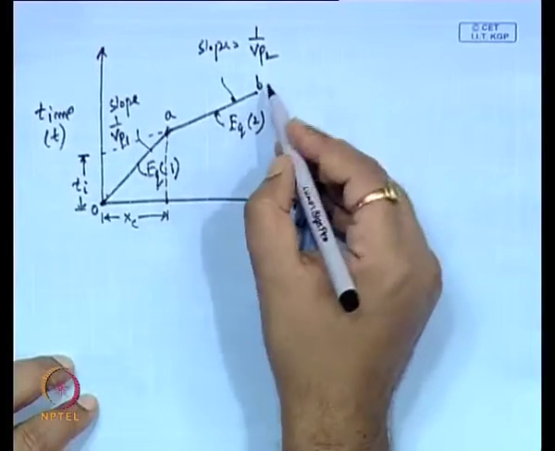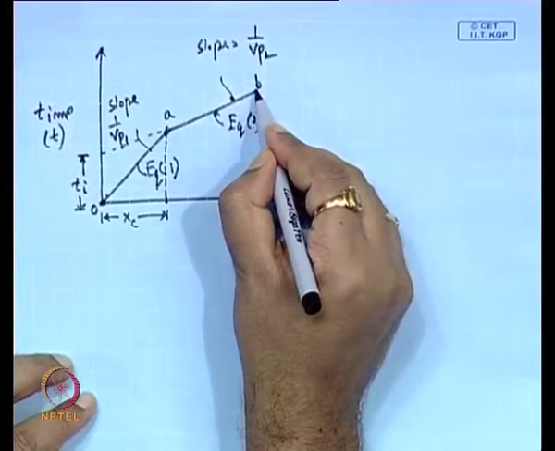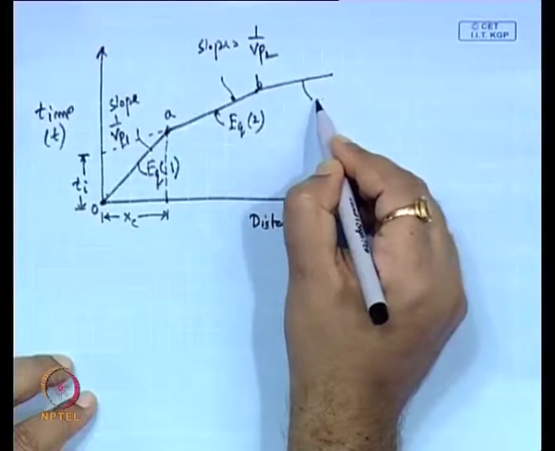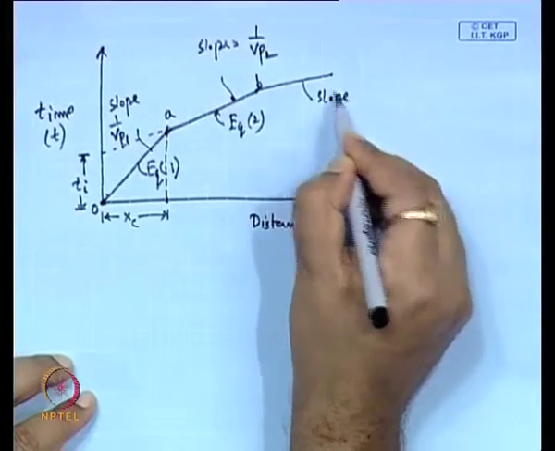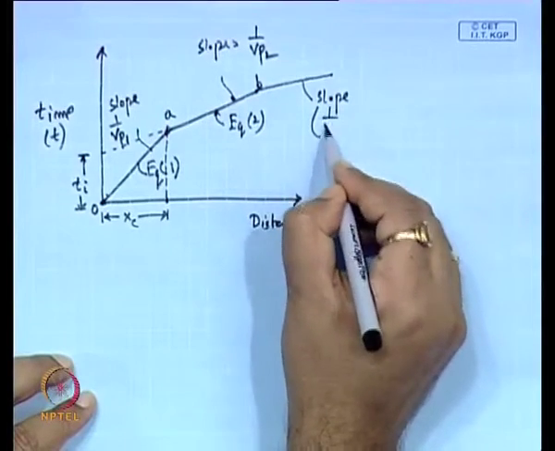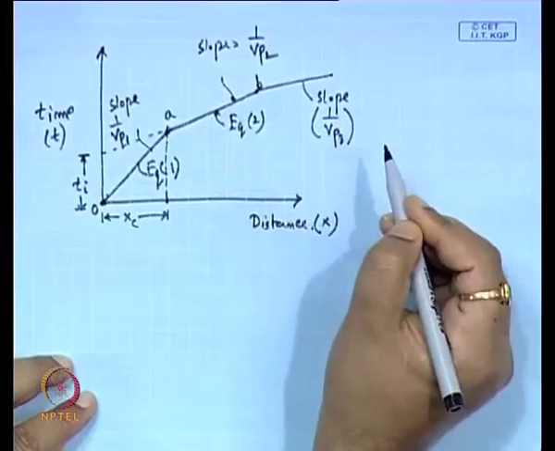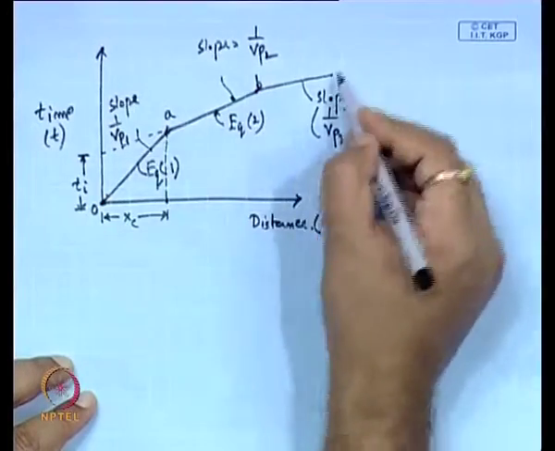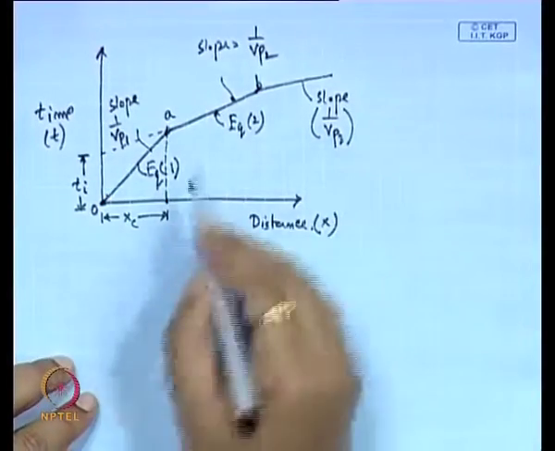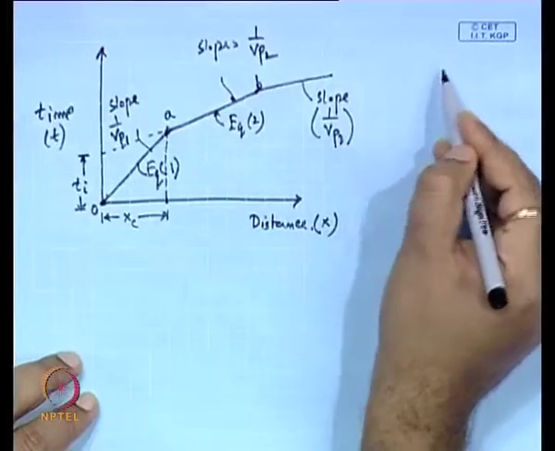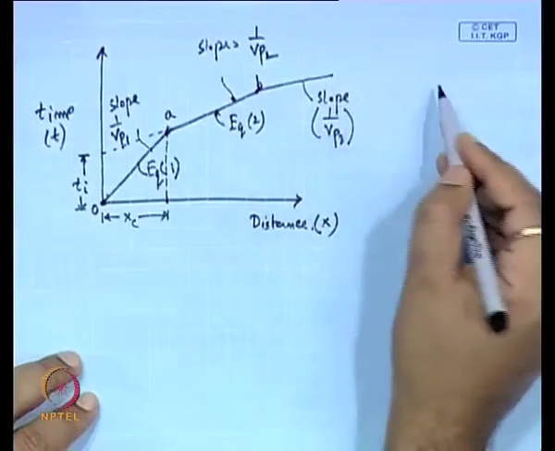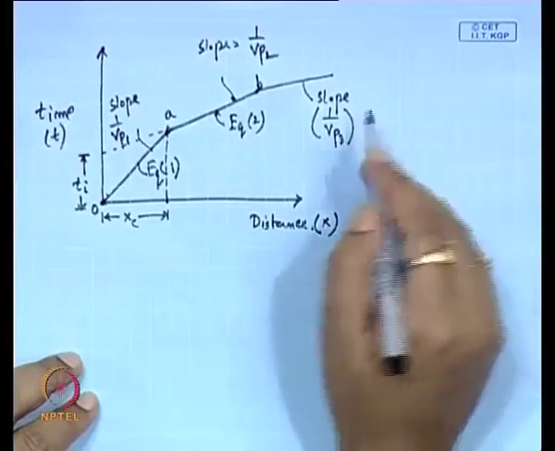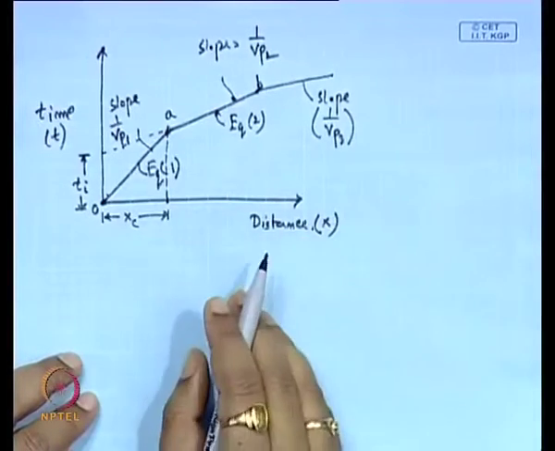Now, if there is a 3 layer system, then we will get another straight line, and the slope of this will give us 1 by V_p3. We can extend this line also. Similarly, the slopes of the different portions will give 1 by V_p of the different layers.